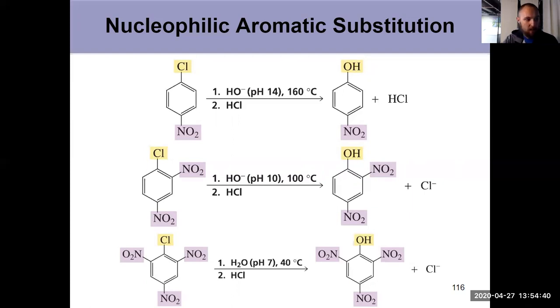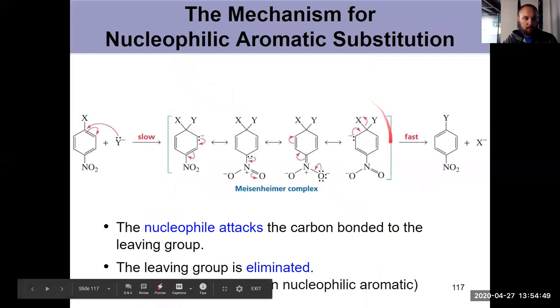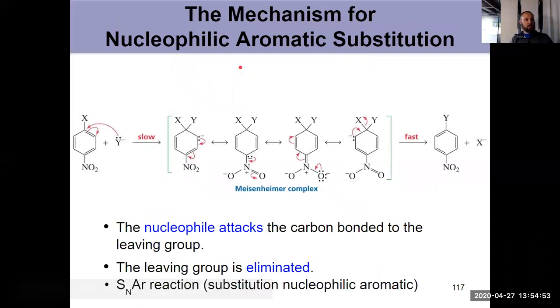Now why does that electron withdrawing group have to be in the ortho or para position? It's because of a two-step mechanism here, and specifically what's going on in the middle. In our mechanism, we have the nucleophile that comes in and attacks the group that's being replaced, the carbon that's ortho or para to the electron withdrawing group.